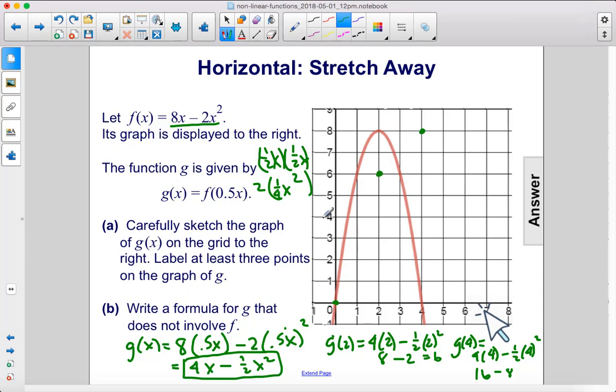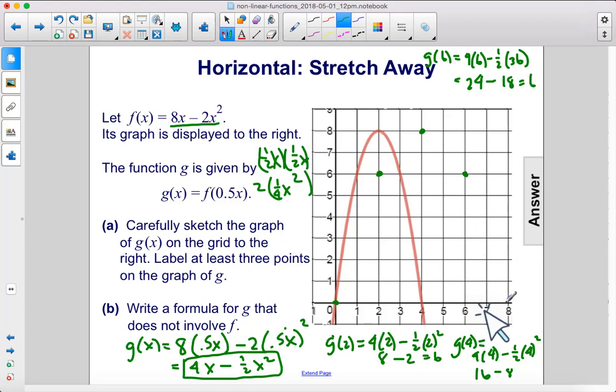Let's try when x equals 6. I'll do this work up here. G of 6 equals, so we have 4 times 6 minus 1/2 times 36. So we have this 4 times 6 is 24 minus 36 divided by 2 is 18. So that is 6. So when x equals 6, y also equals 6.